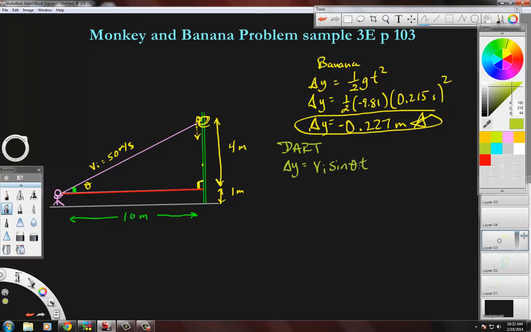That's times t. So it's vi times sine theta times time minus 1/2 gt squared. What a nasty looking thing that is. Now let me show you what that means.